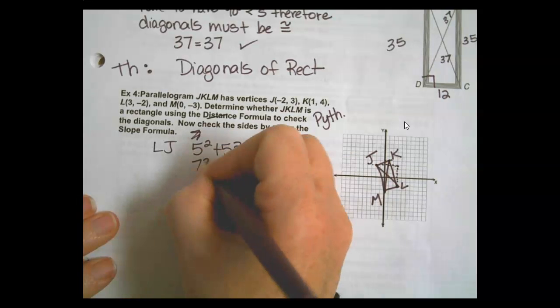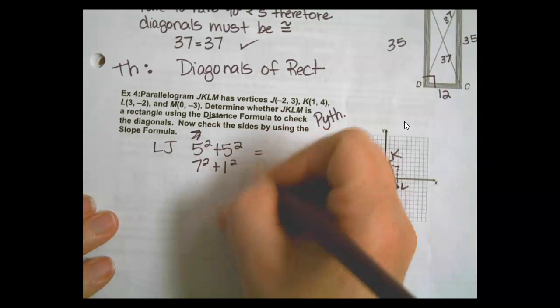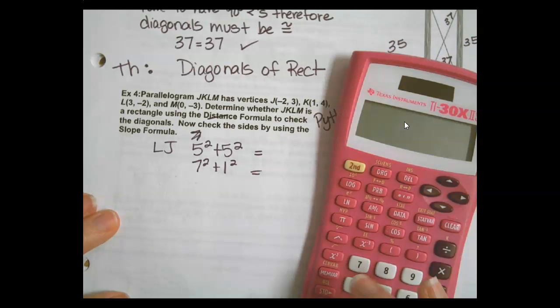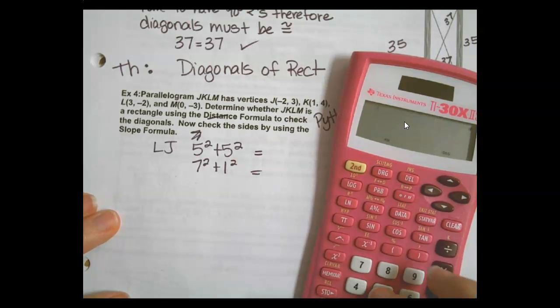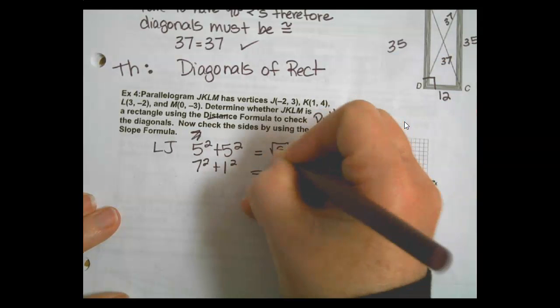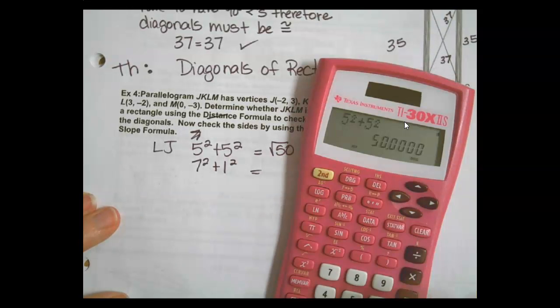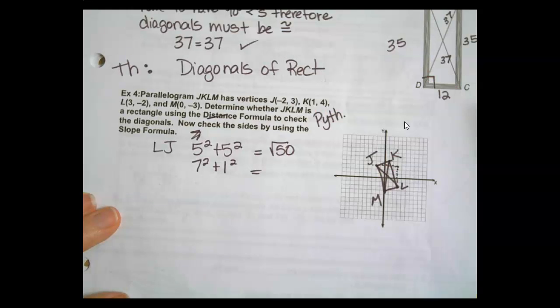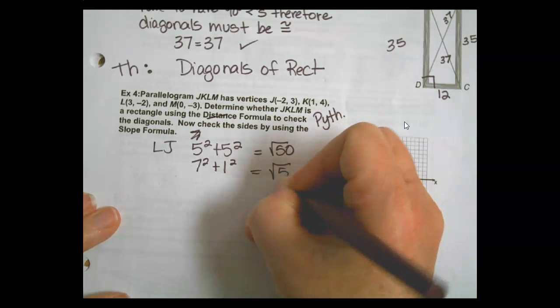So 7 squared plus 1 squared. 5 squared plus 5 squared equals the square root of 50. And then 7 squared plus 1 squared equals the square root of 50.